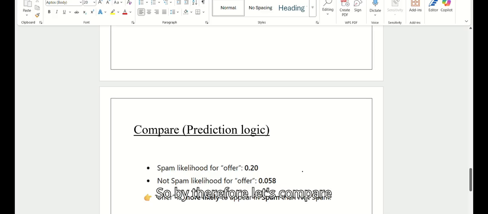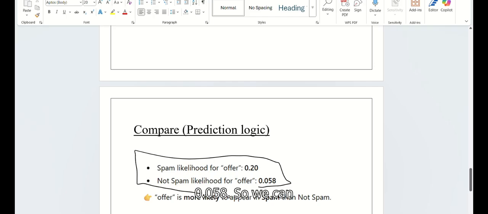Therefore, let's compare our prediction logic. In spam, the likelihood of offer is 0.20, and in not spam, the likelihood of offer is 0.058. So we can observe that offer is more likely to appear in spam than in not spam.